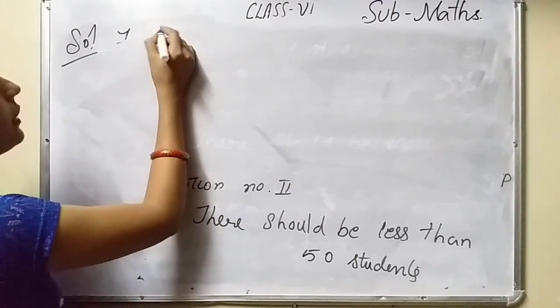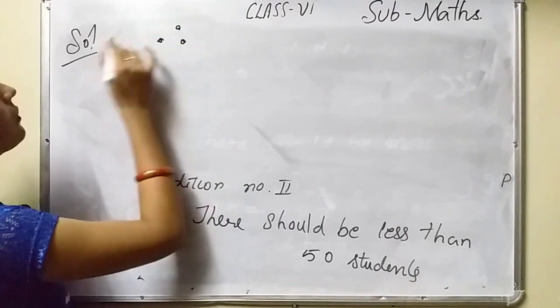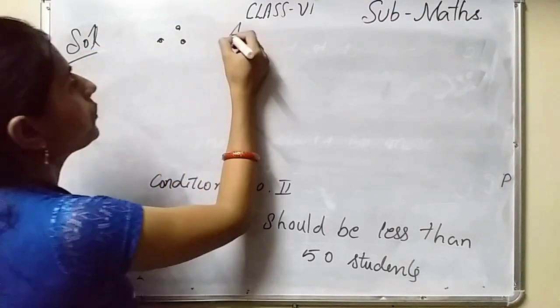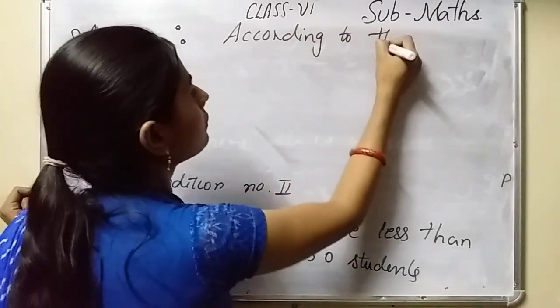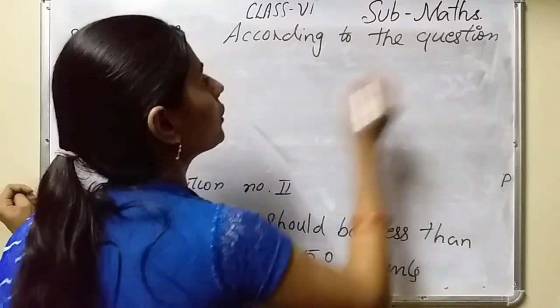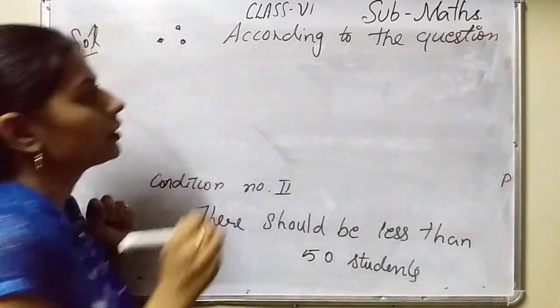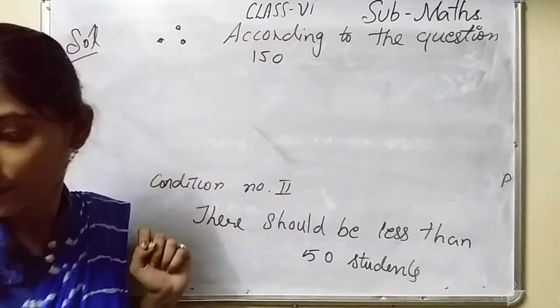So according to the question, 150 you have to divide into equal parts.